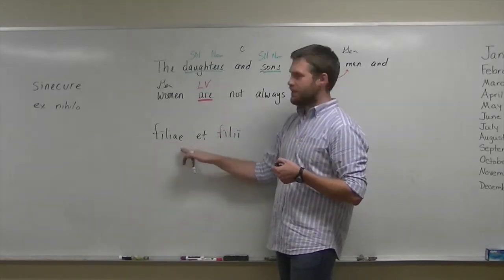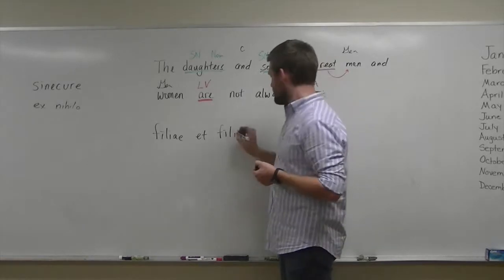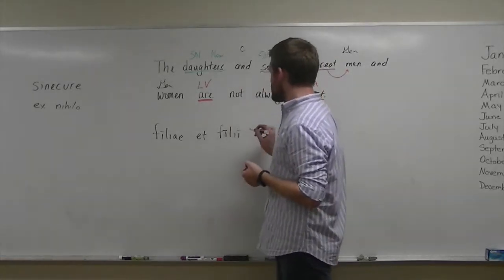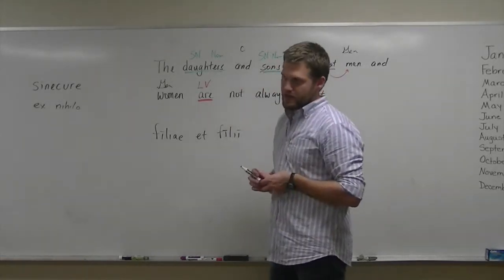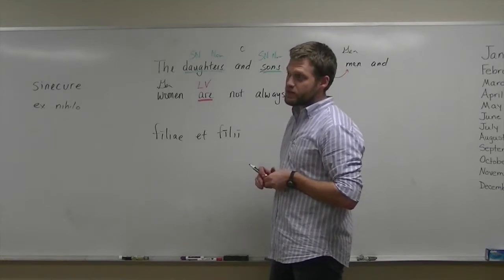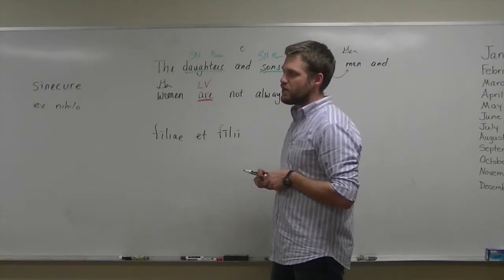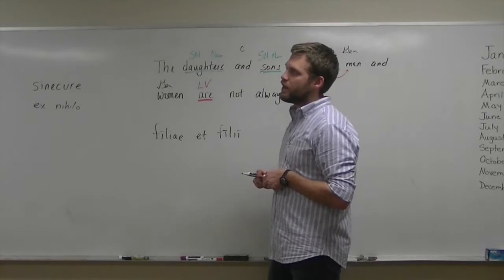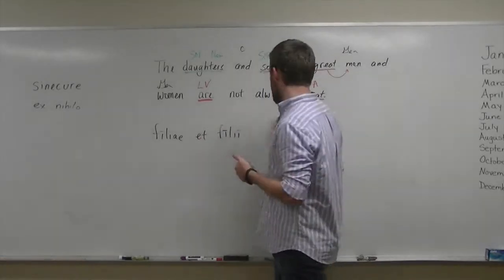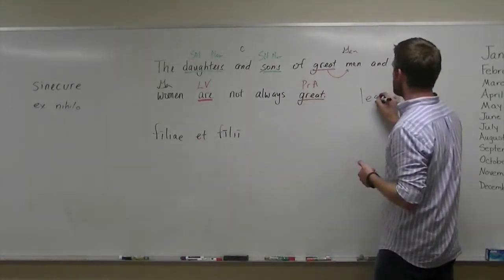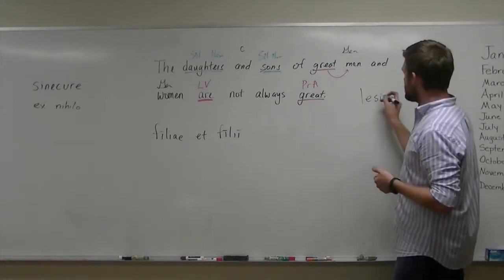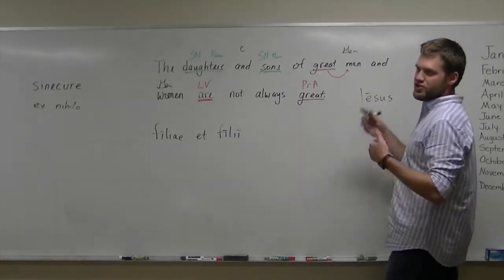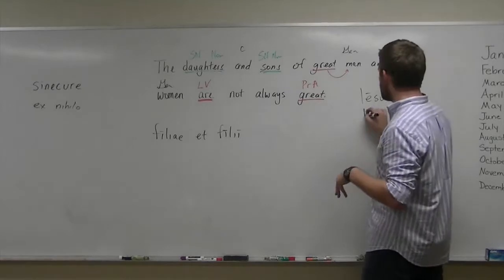So filiae et filii. Trying to think of a good example that you would know. Probably the most famous, well, Jesus becomes a J because of German. Jesus would be Iesus, starting I-E-S-U-S, second declension masculine. But then German comes in and it becomes a ja sound.